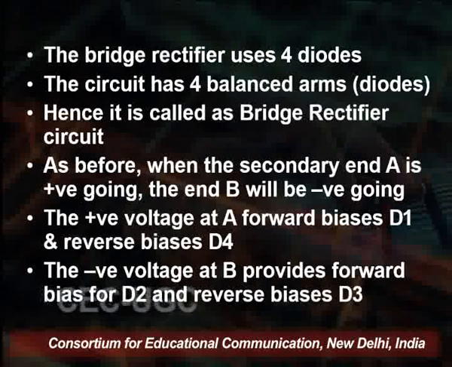Here you see very clearly, we are using the 4 diodes D1, D2, D3, D4. First we use 2 diodes, D1 and D4: D1 is forward biased and D4 is reverse biased for the positive voltage. For the other 2, D2 is forward biased and D3 is reverse biased in the negative voltage. Now D1 and D2 will conduct in one half and D3 and D4 will conduct in the other half.